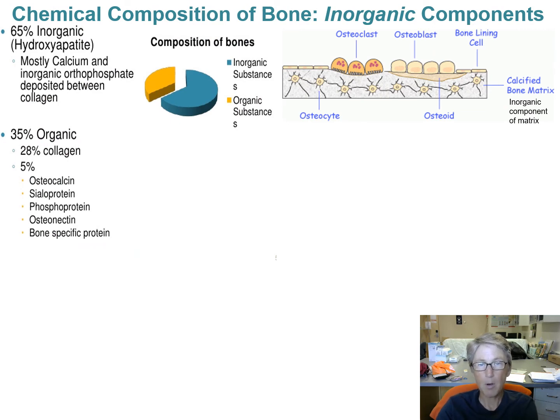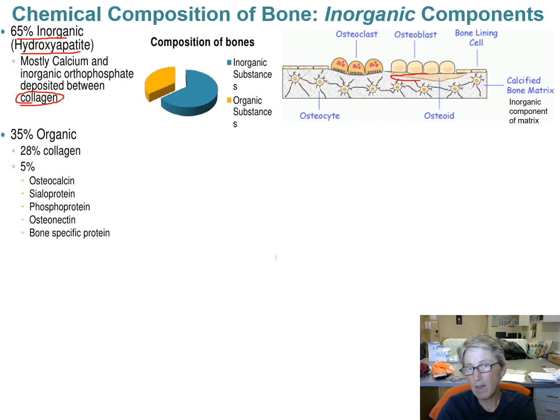The inorganic component of bone shows here, 65% of bone is inorganic. It's called hydroxyapatite. Mostly it's calcium and phosphate, and it's deposited between the collagen fibers. Remember, the collagen fibers are the organic component.